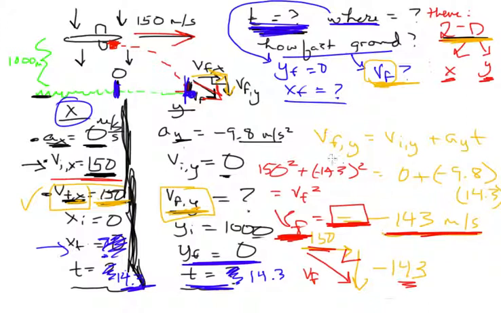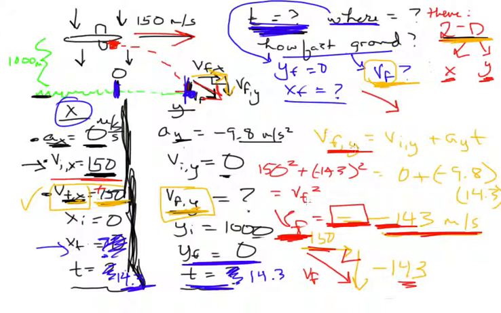Here we said the direction was down, negative 143. In the x direction, we said it was to the right by saying positive 150. But what is this? Is this going to be positive or negative? Well, this is neither. It is two-dimensional, right? It's going down, but it's neither up or down, left or right. It's somewhere in the middle.